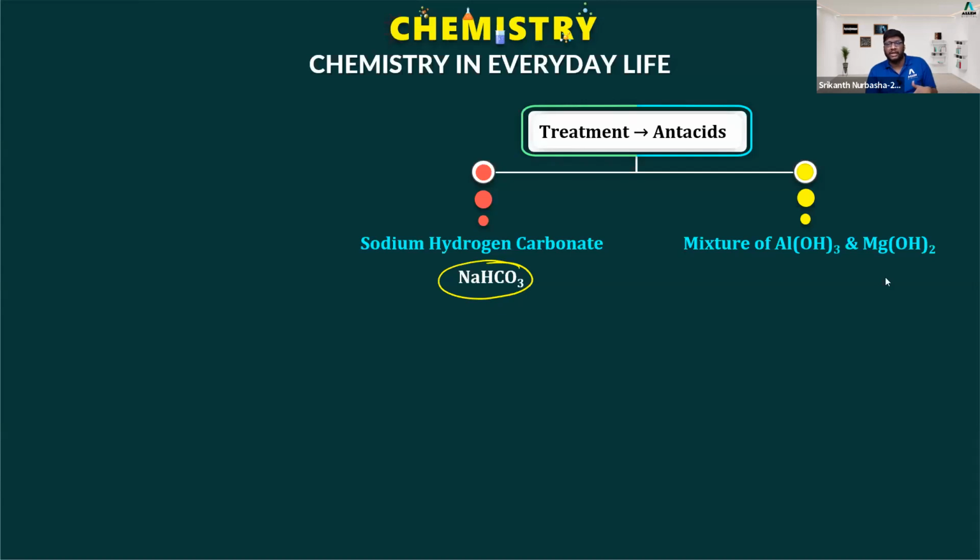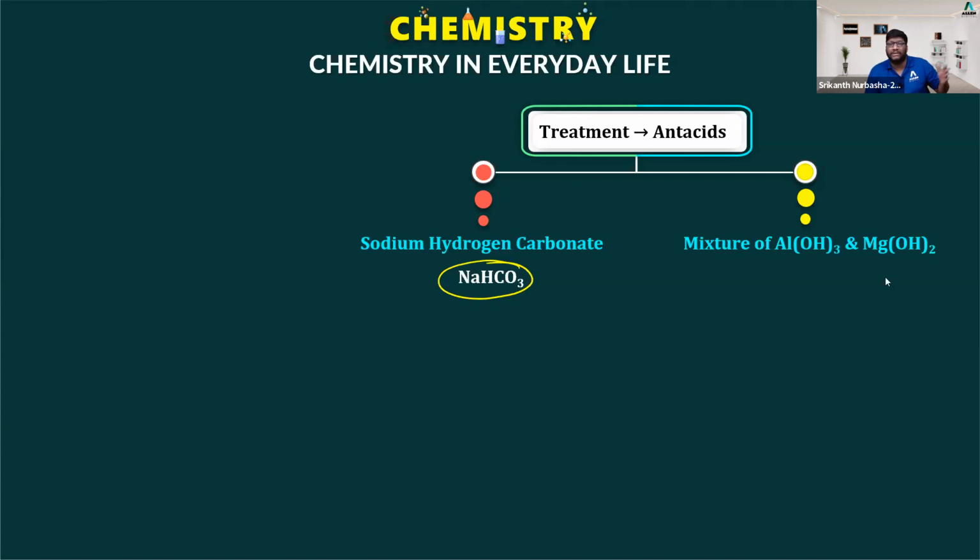And if you unknowingly take more NaHCO3, the stomach becomes basic, that is, alkaline in nature. If the stomach becomes alkaline, that will trigger the production of more acid, because according to Le Chatelier's principle, more acid should be released whenever the stomach is alkaline, because the stomach has to be acidic.